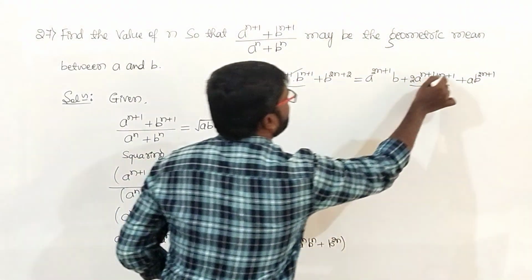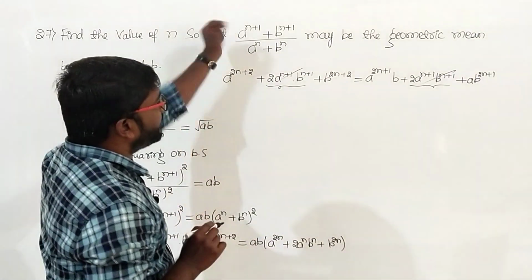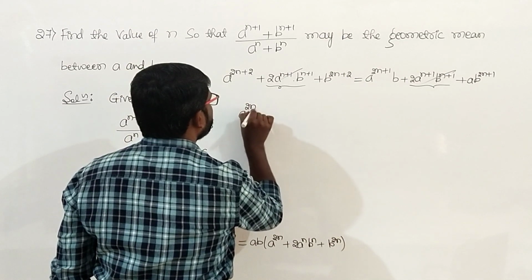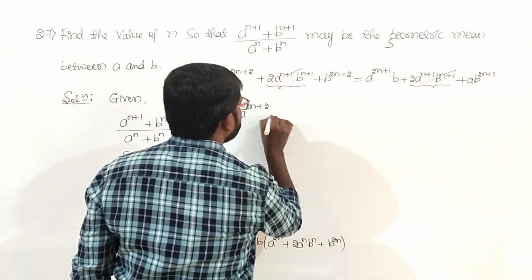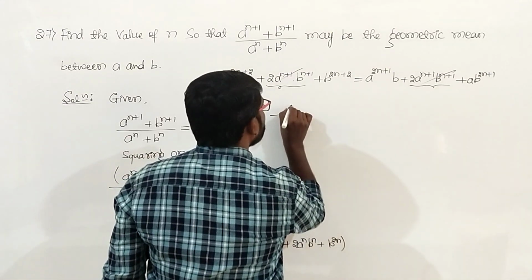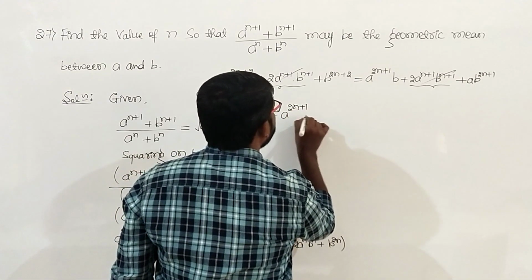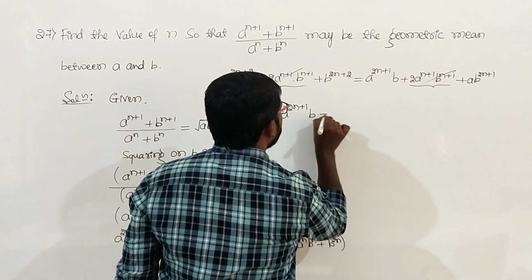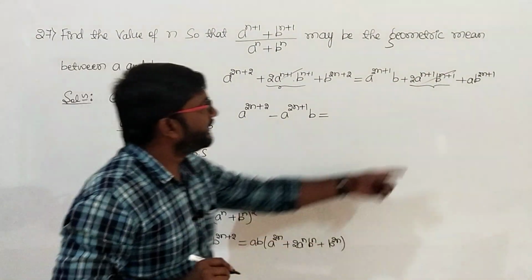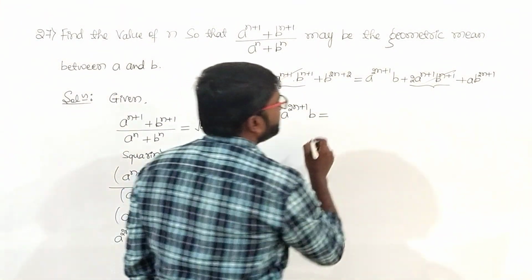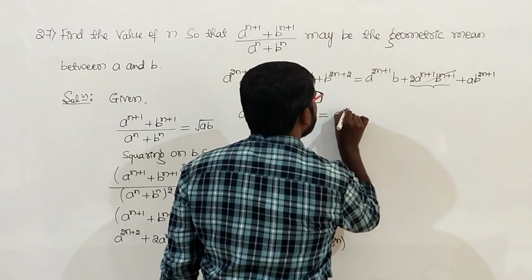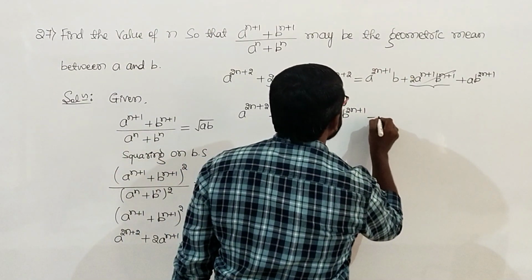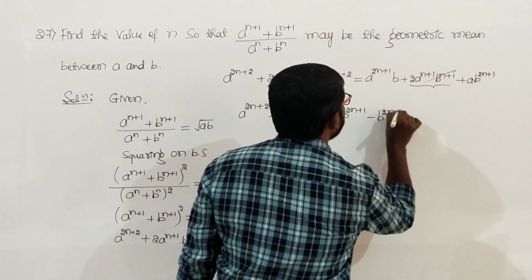These two get cancelled, and then I'll be taking this term to the left hand side, a raised to 2n plus 2, and then minus what do we have, a raised to 2n plus 1 into b, which is equal to, so write this term as it is, a into b raised to 2n plus 1, and then I'll be taking this term to the right hand side. You get minus b raised to 2n plus 2.